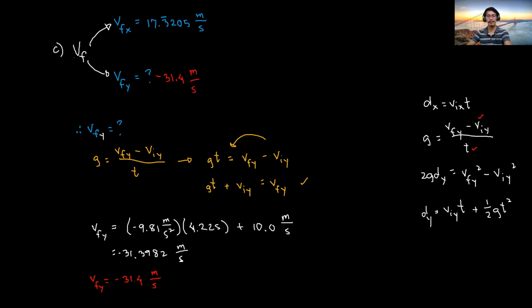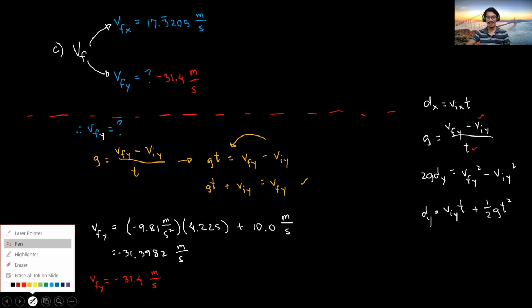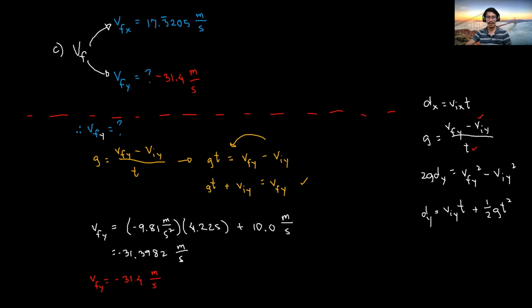So paano natin ngayon isolve si VF? Of course, we will now use the what? We will use the Pythagorean theorem. Tama? Diba? Ganun naman talaga ang gagawin natin kapag isolve natin yung isang resultant.